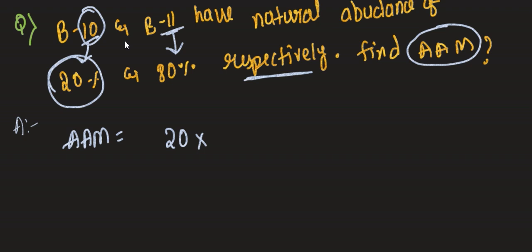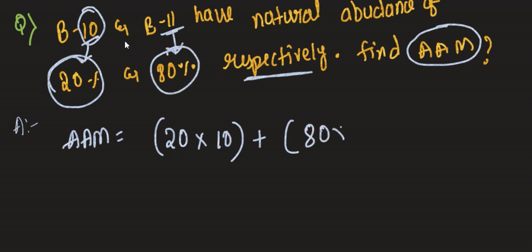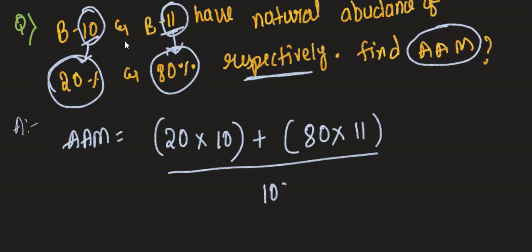What is the isotopic mass of boron? Here B indicates boron, 10. Since they have given summation, we have to add. What is the next percentage? 80 into its isotopic mass, which is 11, whole divided by 100.